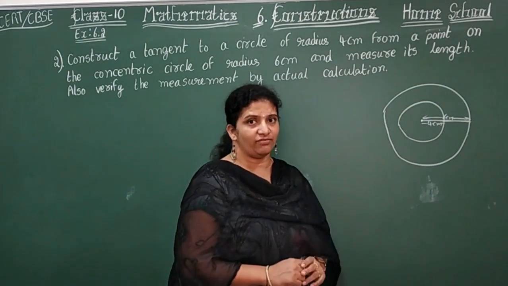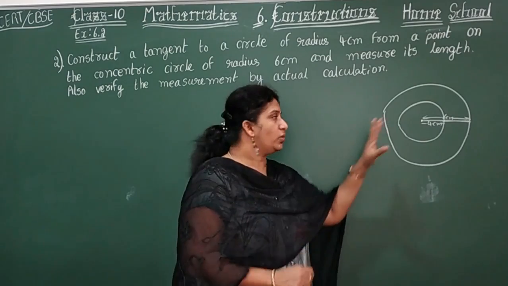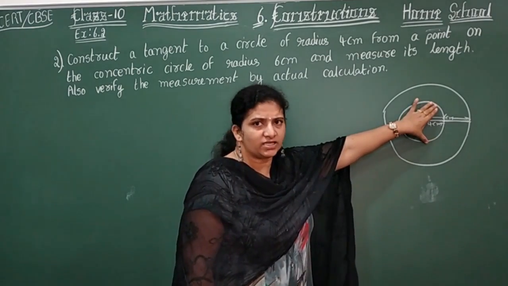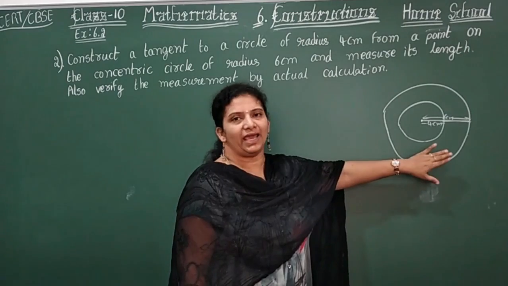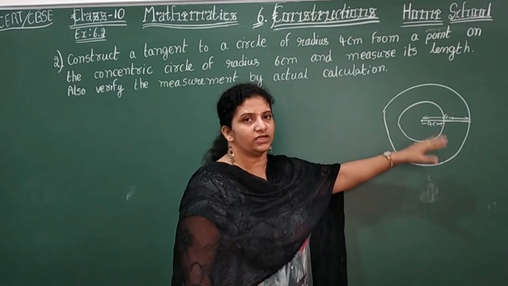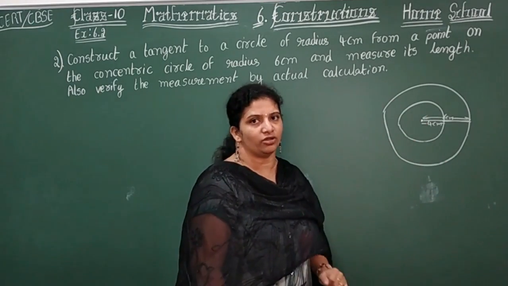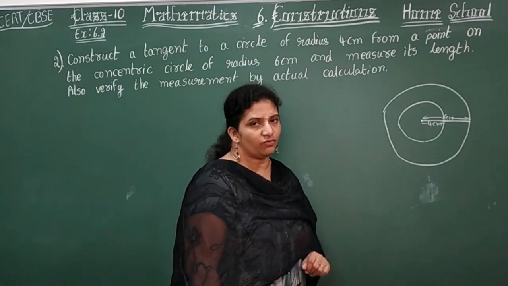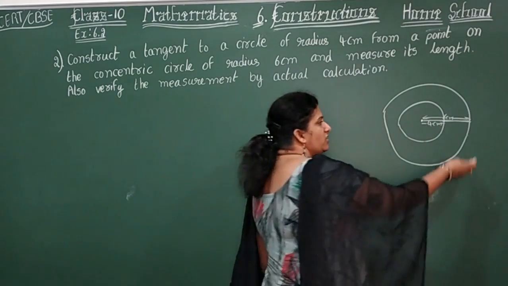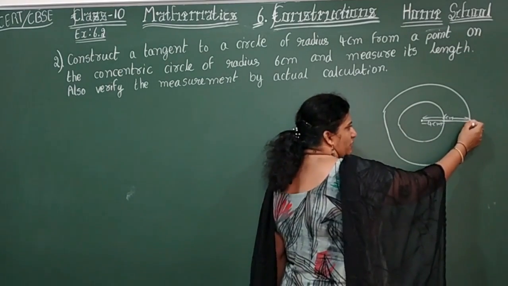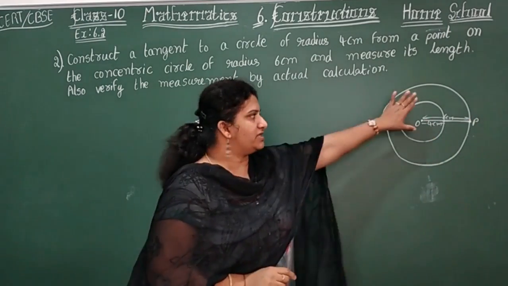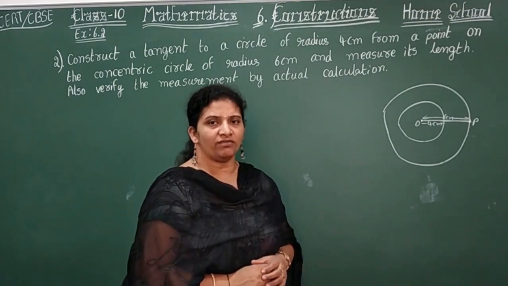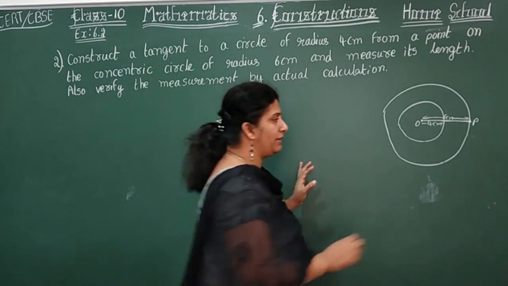Understand the question carefully here. So you need to draw a tangent for small circle. From where? From this circle, any one point on the circle to this circle, you need to draw the tangent. For that, what we need to do here, children? So let us imagine this is a point where I need to draw a tangent for this circle. Same manner what we have done in first problem, same manner.